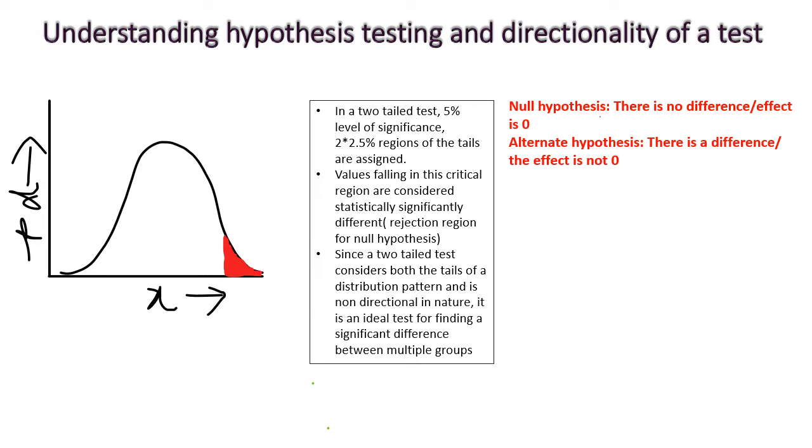And it also helps to understand that if we are performing the same test at the same level of significance, that is 5%, the software would assign a larger region, because all the 5% critical region is assigned to only one end of the tail, which means that the chances of reaching this critical zone are higher when we are performing a one-tailed test as compared to a two-tailed test, hence giving more statistical power to a one-tailed test.